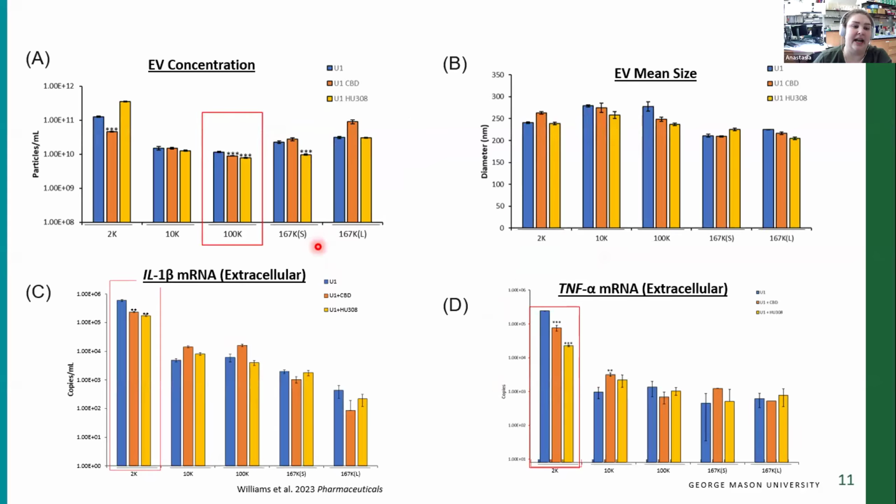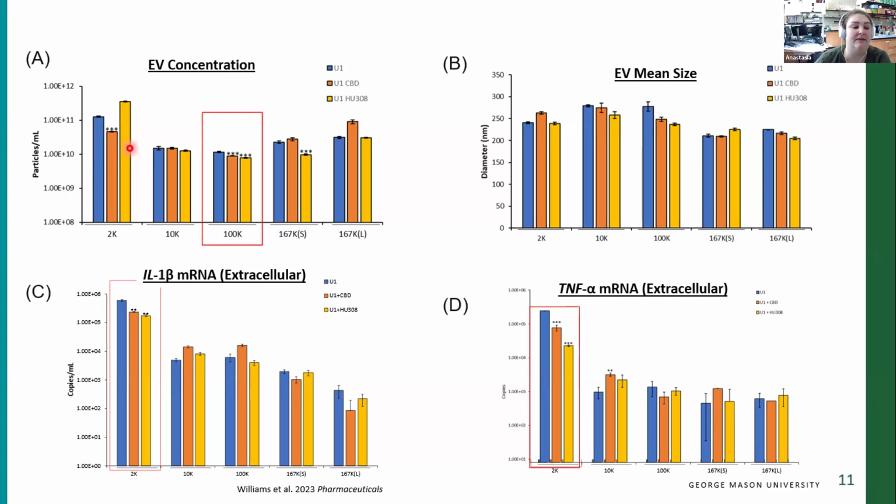So the first thing I did after collecting these EV pellets was to analyze them for their concentration. Here, throughout the next few slides, I'll use the same color scheme, where blue represents our HIV infected cells, orange represents infected cells that were treated with CBD over 3 days, and yellow represents our cells treated with HU308 over those 3 days.